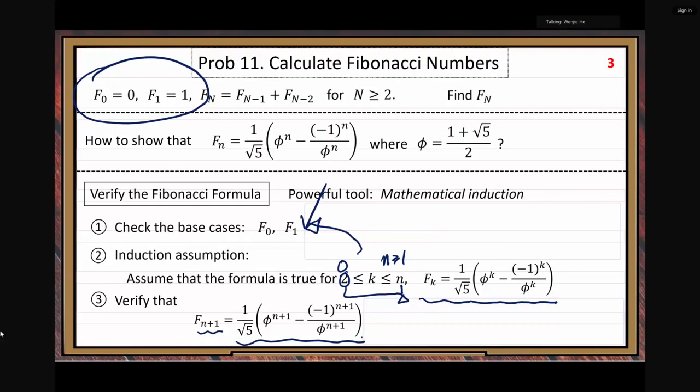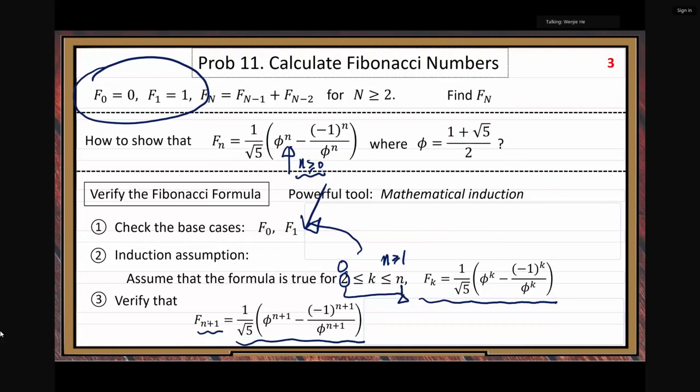If we can verify it's correct, then we can show the Fibonacci formula is always true for all n greater or equal to 0, for non-negative integers. If we have step 3, but step 3, we need to prove it.